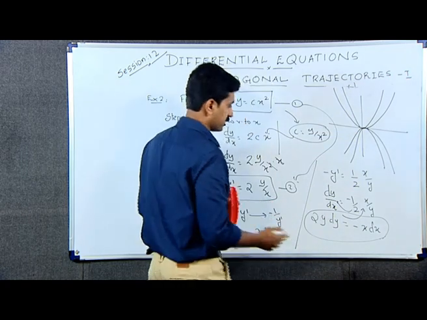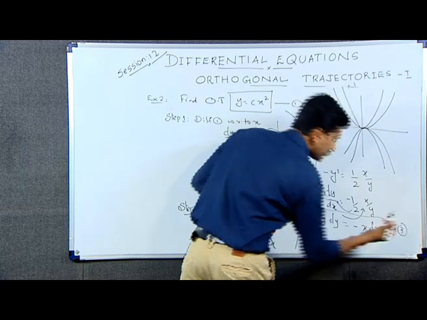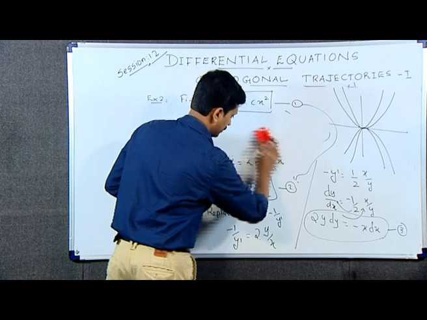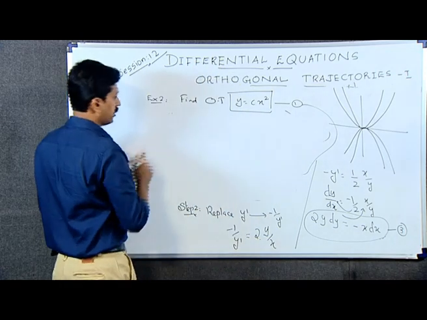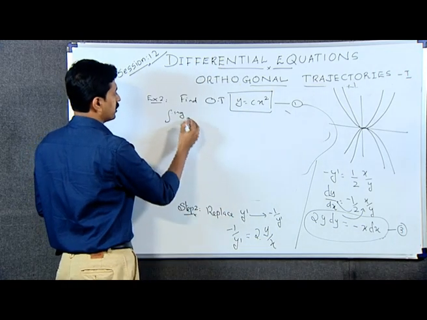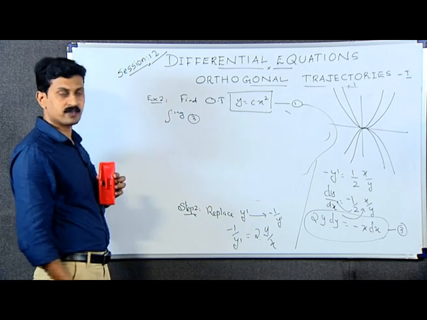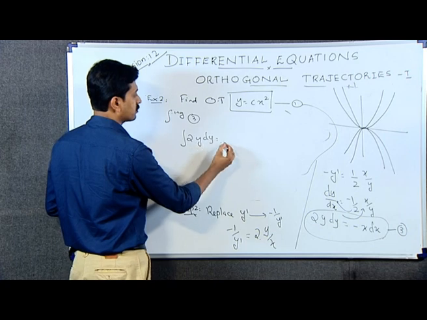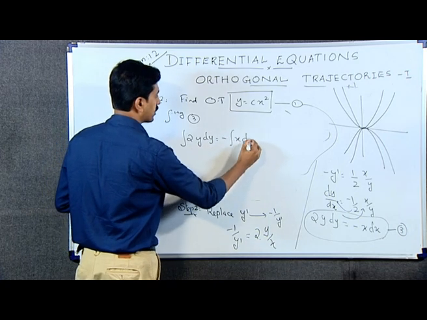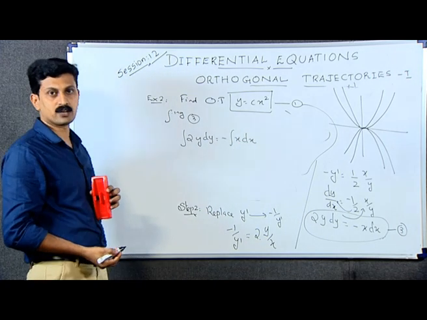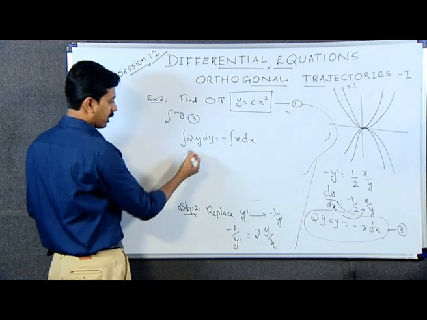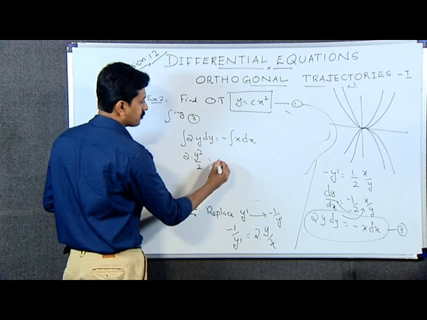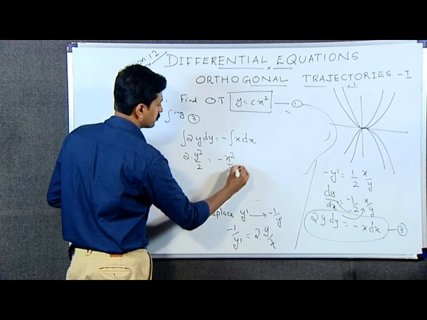So, I am taking this as equation number 3 and integrating 3. So, we will have integral of 2y dy is equal to minus integral of x dx. 2 y square by 2 equal to minus x square by 2 plus c.